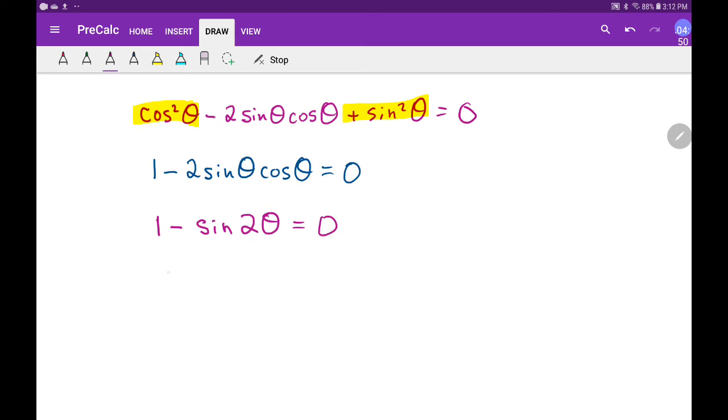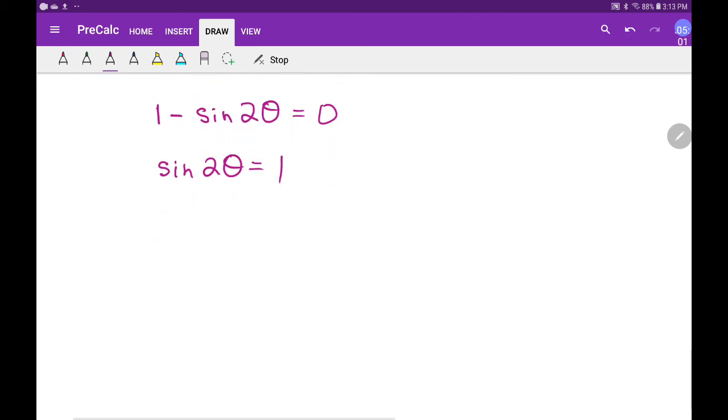So I guess the question comes in, when is the sine of 2 theta equal to 1? Because then it would be 0. And now I think to myself, let's just say the sine of x, when is the sine of x equal to 1? Well, that happens at pi over 2. So I need something that when I multiply by 2 gets me that.